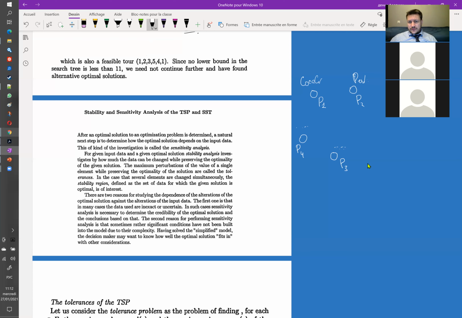And these solutions are different. For example, in this solution for Coca-Cola, there is a road from A and then to city 2, and for Pepsi it is from 2 to 3 first, and for this one from first to 3, and here it is the same for Coca-Cola. So you should visit the first city and then the second.